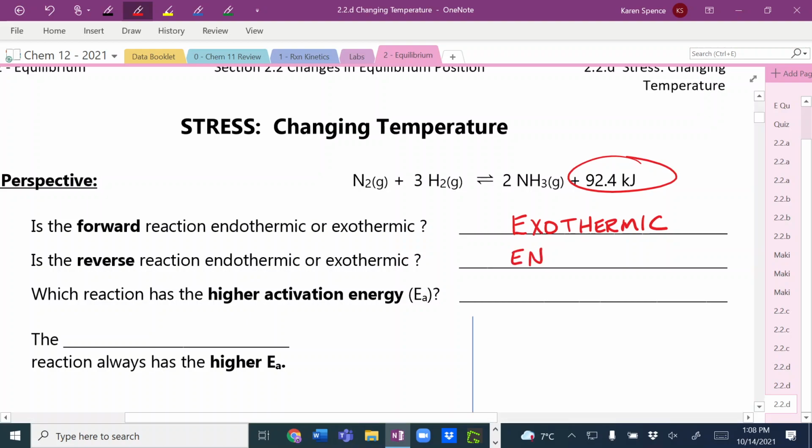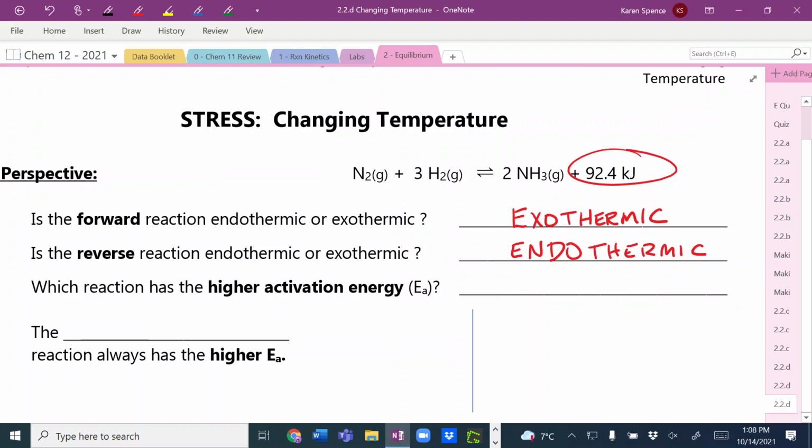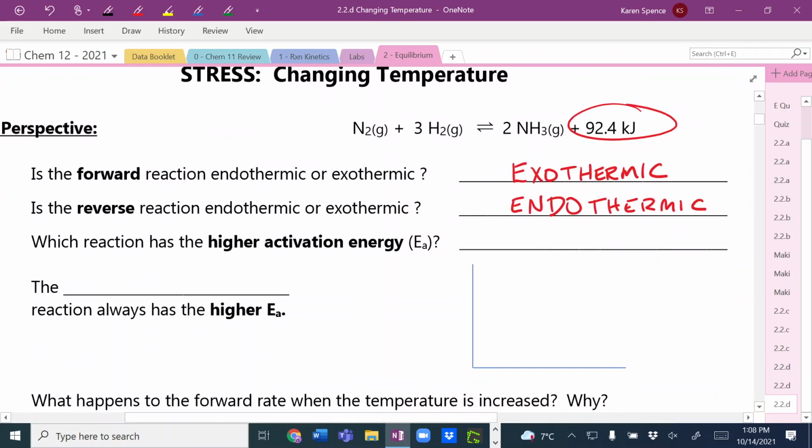Forward and reverse rates are always the opposite of each other. If one is exo, the other must be endo. Which reaction has the higher activation energy? Yeah, the reverse, because it's endo.